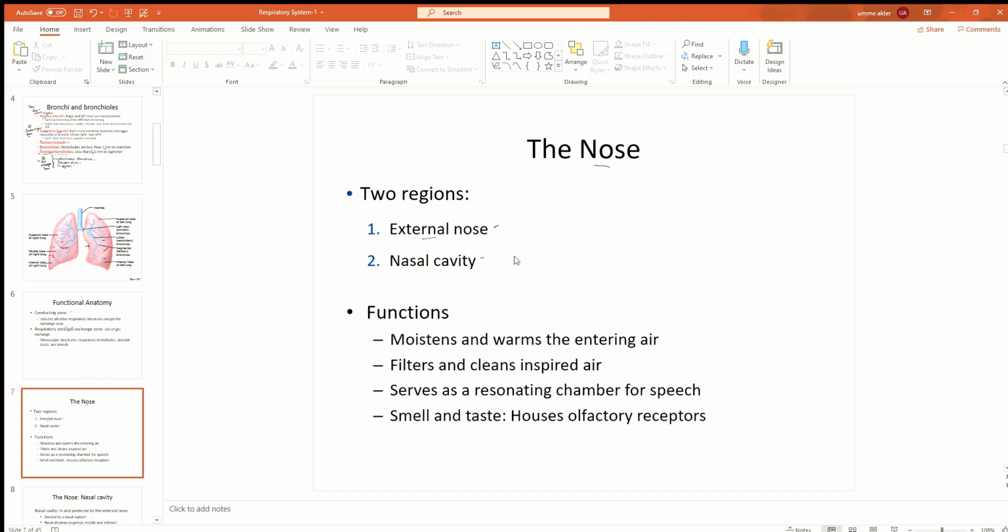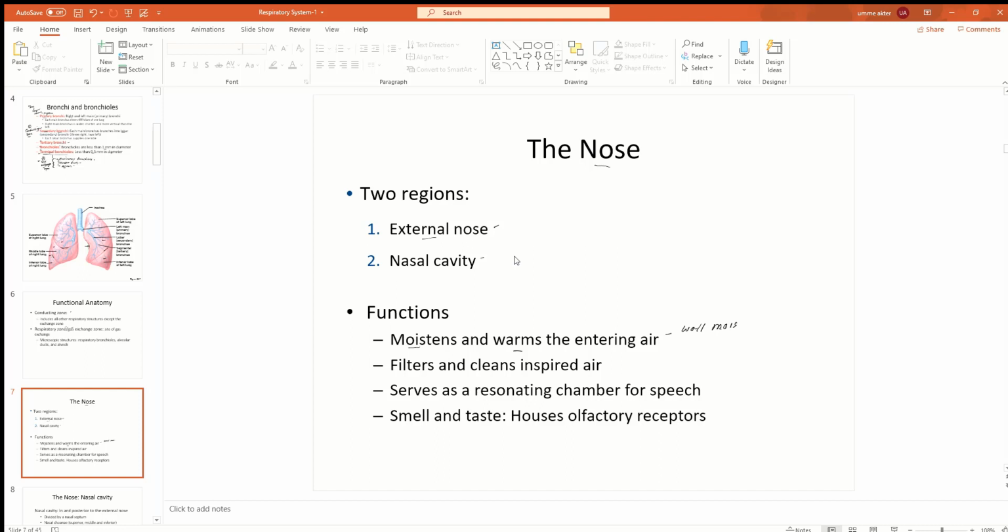Now the nasal cavity or nose performs a few important functions. One is when we inhale the air, that air gets moistened and warm when it passes through the nasal cavity. Why? Because the wall of the nasal cavity is moist. You know that inside the nose, right? It is moist all the time.